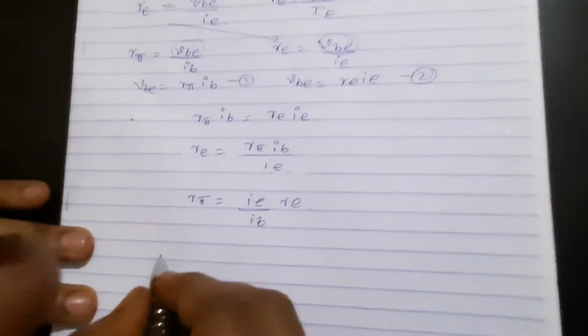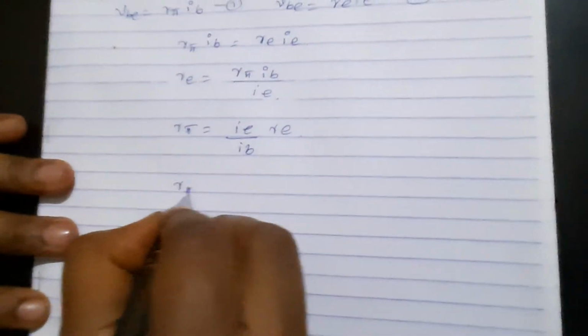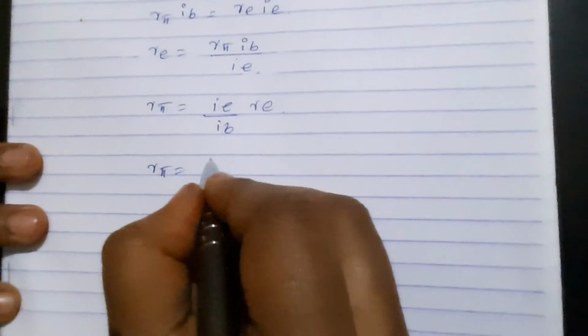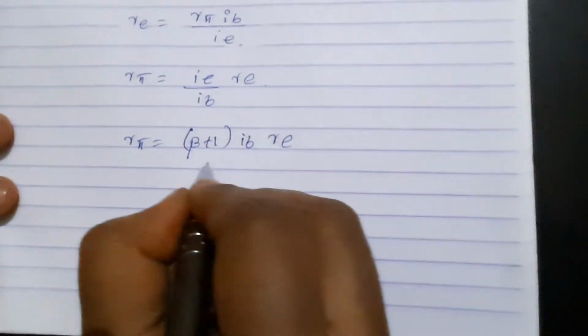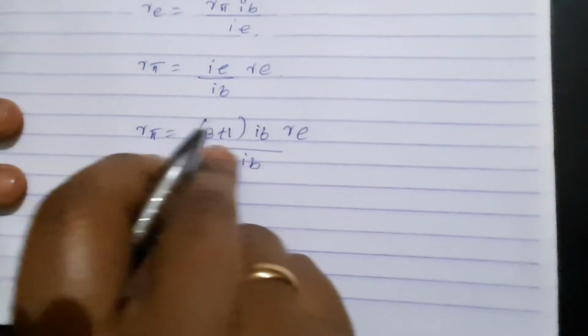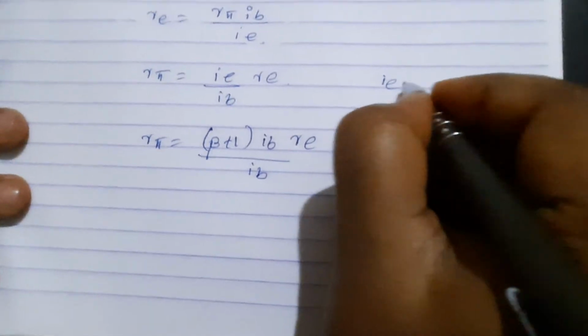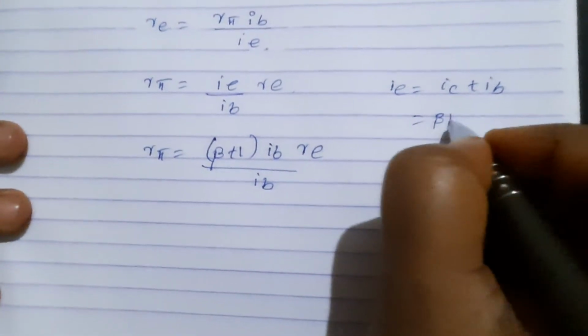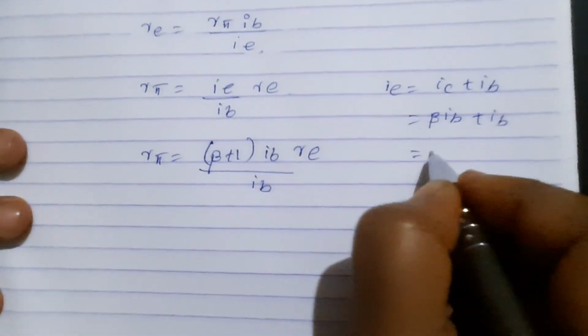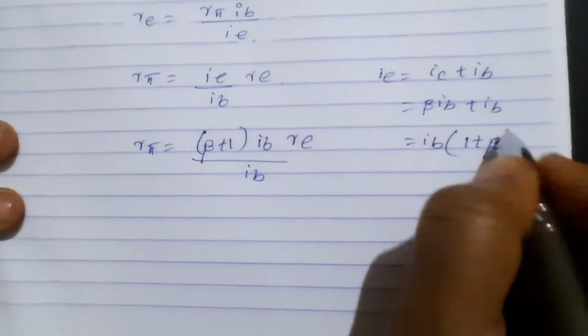And then even this can be written as r pi equals ie, which is represented as beta plus 1 times ib, into re divided by ib. From where have we got this beta plus 1? We know that IE is equal to IC plus IB, and IC is beta times IB, plus IB. If I take IB common, it becomes 1 plus beta, or beta plus 1.